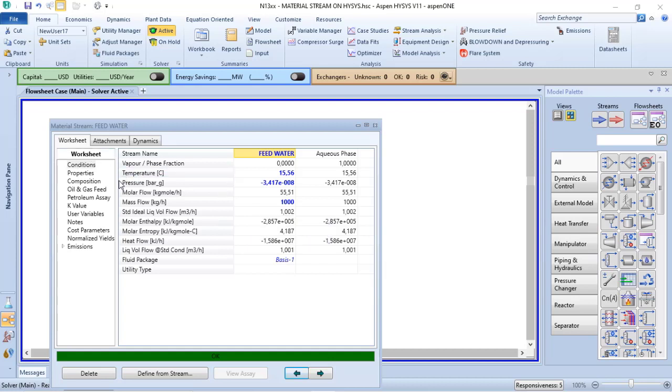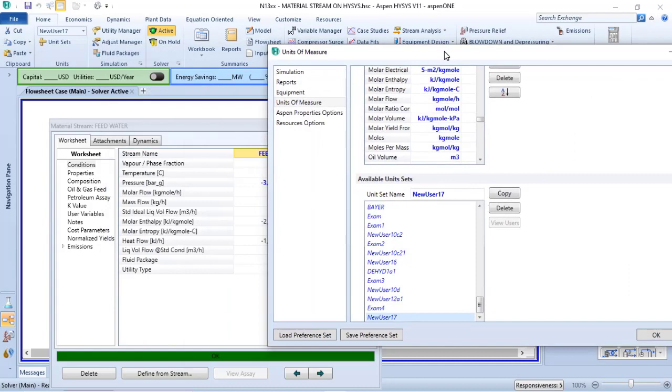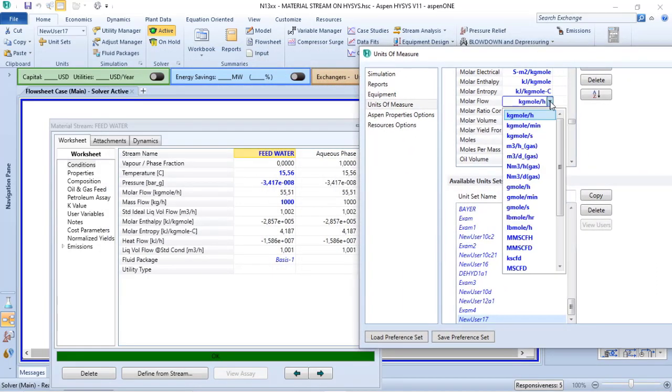To verify the volume flow conditions for gas at my standard conditions, in the worksheet I must change the molar flow from kilograms mole per hour in my unit set. To do that, I just need to click and verify the molar flow. And now I will change the unit from kilograms per hour to cubic meter per hour of gas.